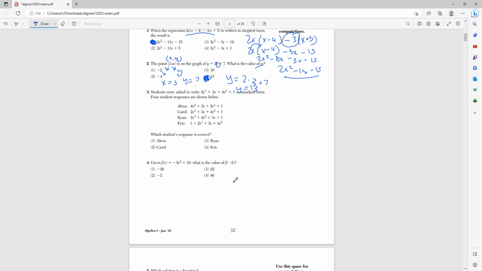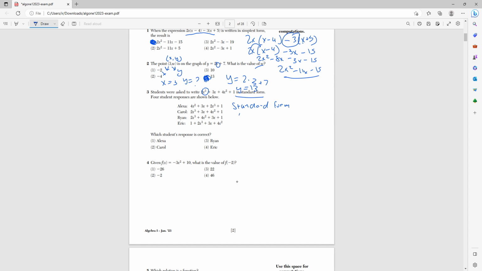Number 3 tells us that students were asked to write 2x cubed plus 3x plus 4x squared plus 1 in standard form. Four students' responses are shown below. So what is standard form? Standard form is when you write your equation or expression in descending order of the degree of x, or the degree of your variable.